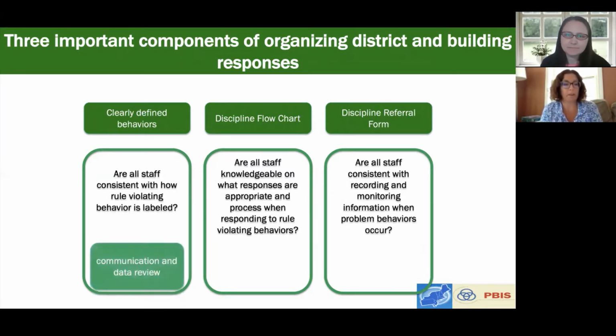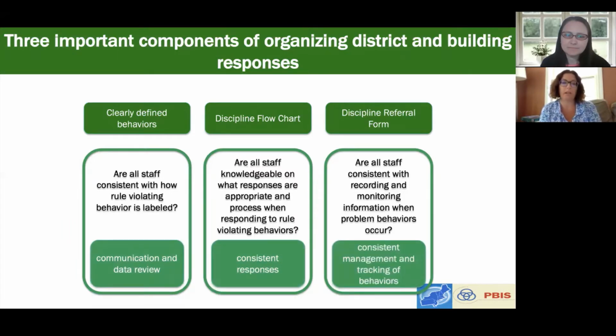The other is to develop a flowchart so that all staff not only know the difference between staff versus office managed behaviors, but also how to respond and what the protocols are. And the third is to create a consistent behavior or discipline referral form to help track behavior data. Today's focus, like I said, is on creating a flowchart so that students experience consistent responses from staff.